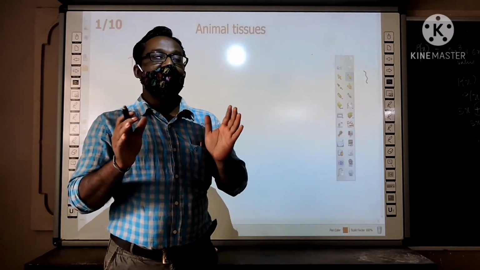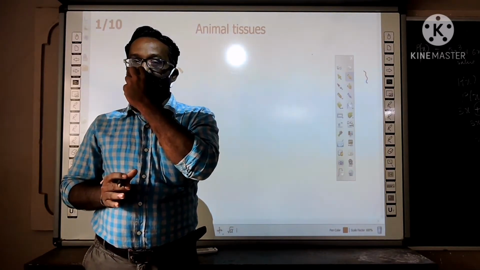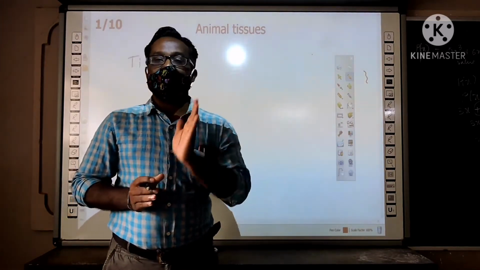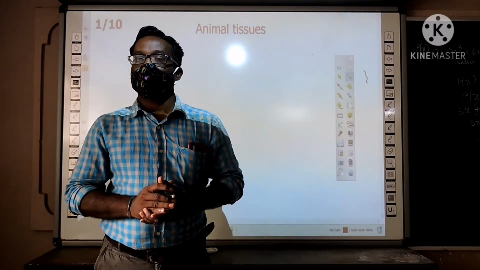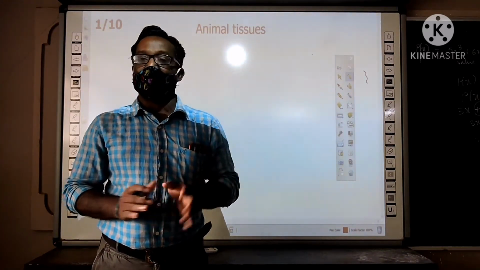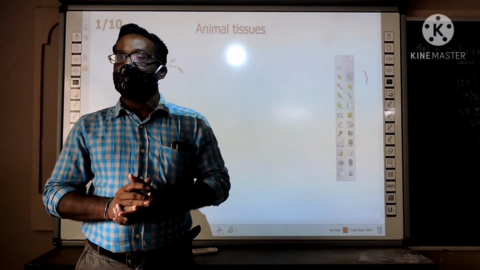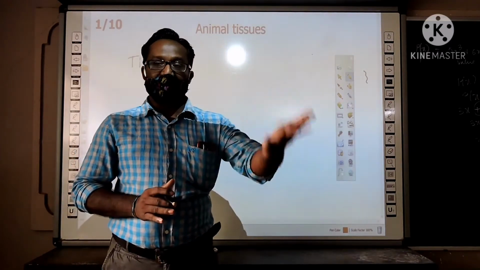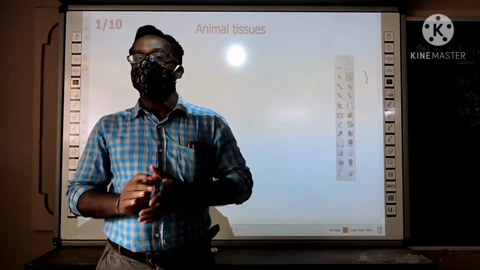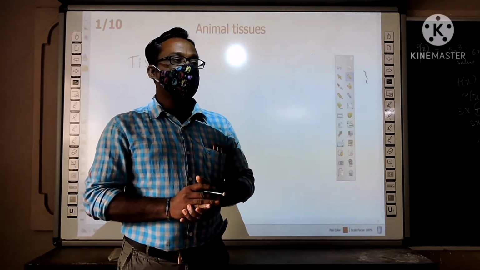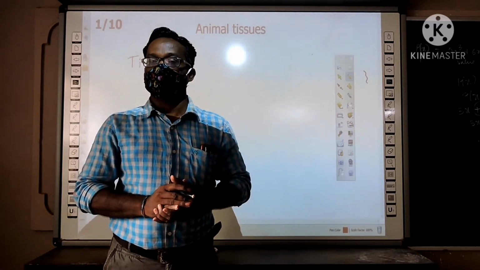So there is a diversity in the tissues. That means the tissue in the heart is different from the tissue in the skin. In plants, you observed 4 types of tissues which perform different functions. Like that, in animals also, you can see mainly 4 types of tissues which perform functions.